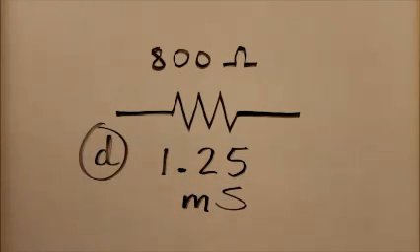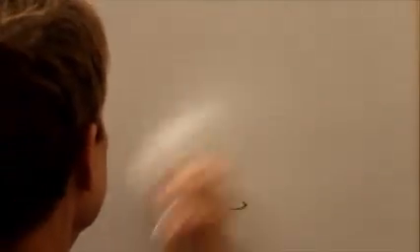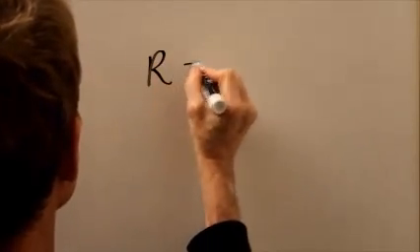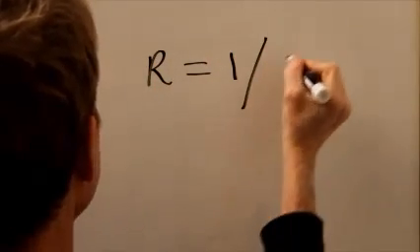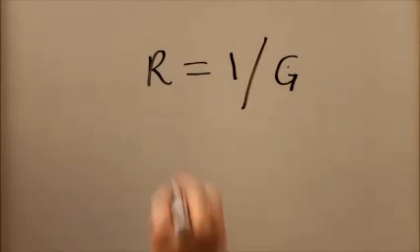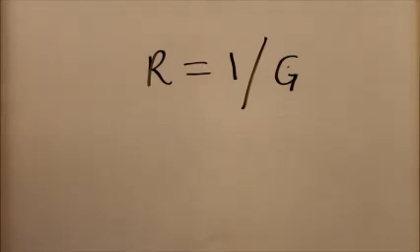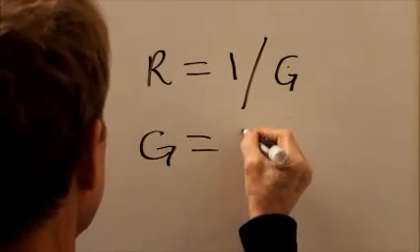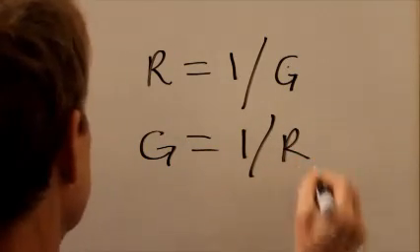Now you have to be careful, because when you're talking about ohms and Siemens, it's pretty easy and pretty straightforward. The resistance always equals 1 divided by the conductance. They use G to represent conductance and R to represent resistance, and contrary-wise, this holds true.